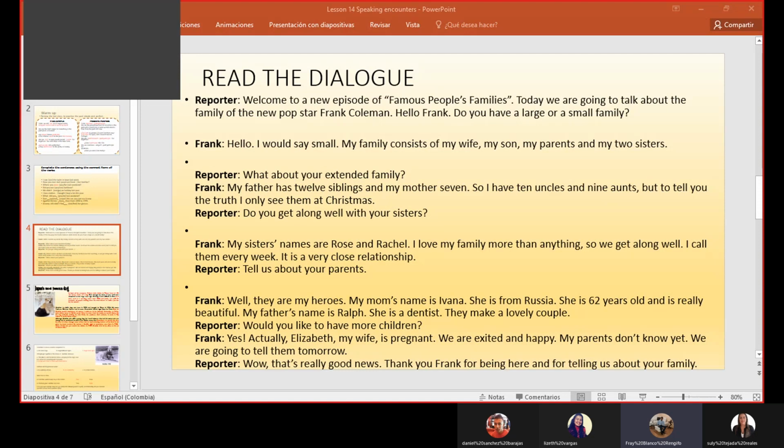My sisters' names are Rose and Rachel. I love my family more than anything. So we get along well. I call them every week. It is a very close relationship. What about your parents? Please. They are my heroes. My mom's name is Ivana. She's from Russia. She's 62 years old and really beautiful.